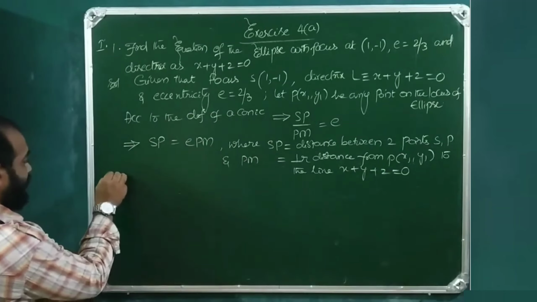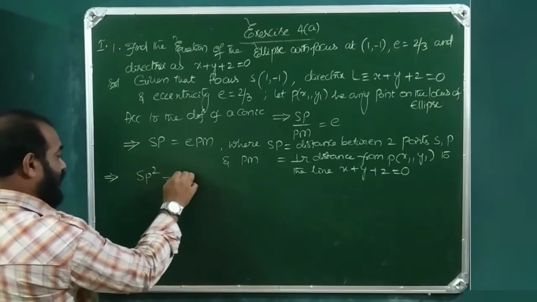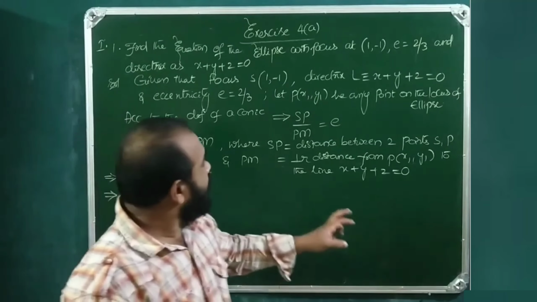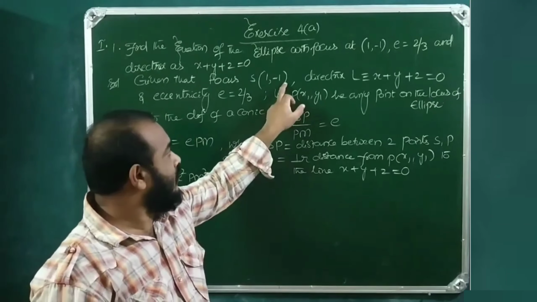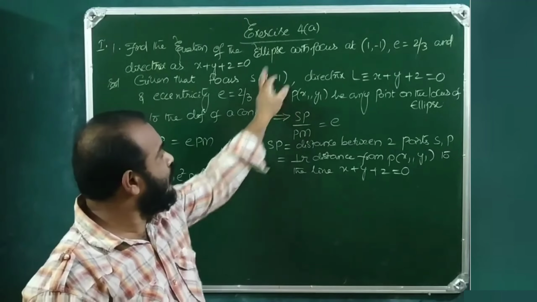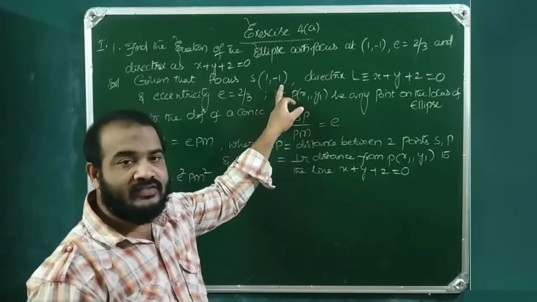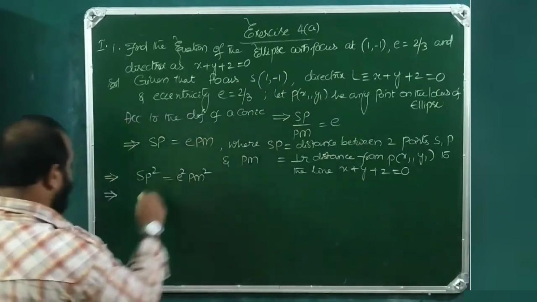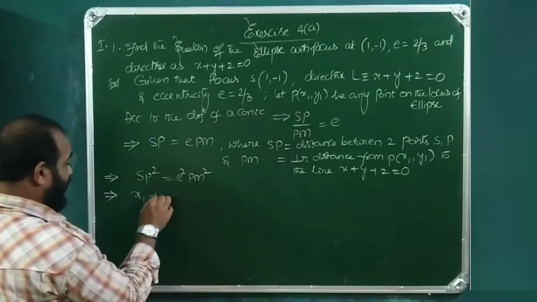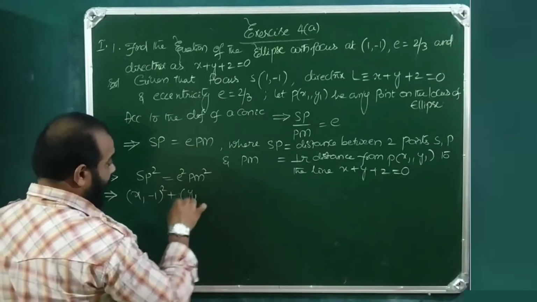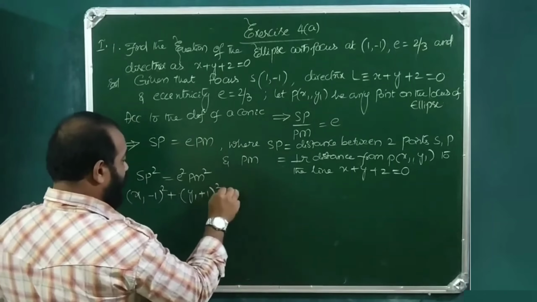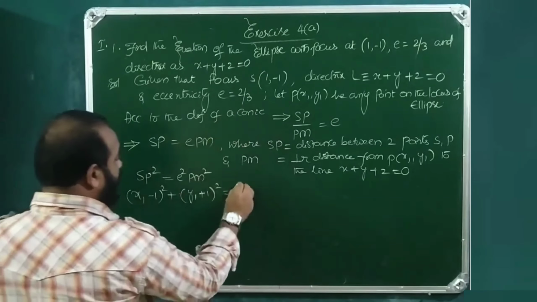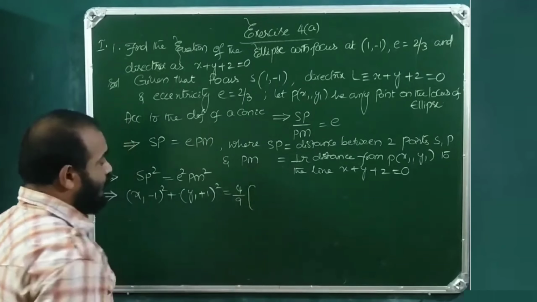This implies SP² = e²·PM². SP is the distance between (x1, y1) and (1, -1). SP is the square root of (x1 - 1)² + (y1 + 1)². SP² is the square, and the root will be cancelled. We get (x1 - 1)² + (y1 + 1)² = e² into PM². What is e²? (2/3)² is 4/9, into PM².